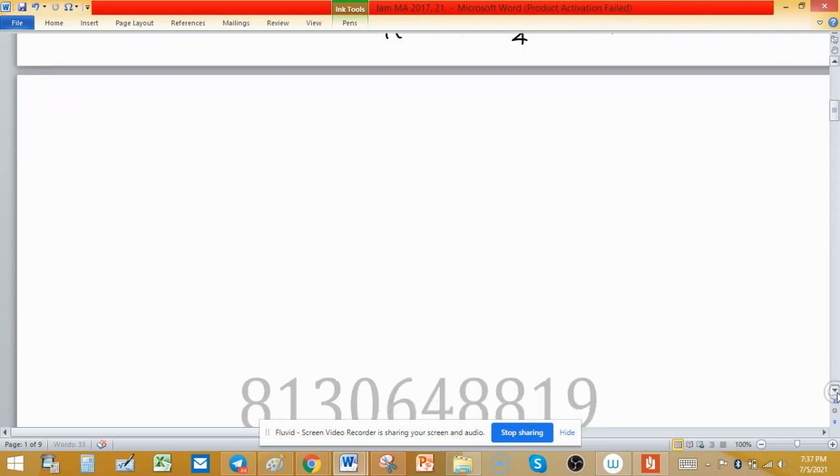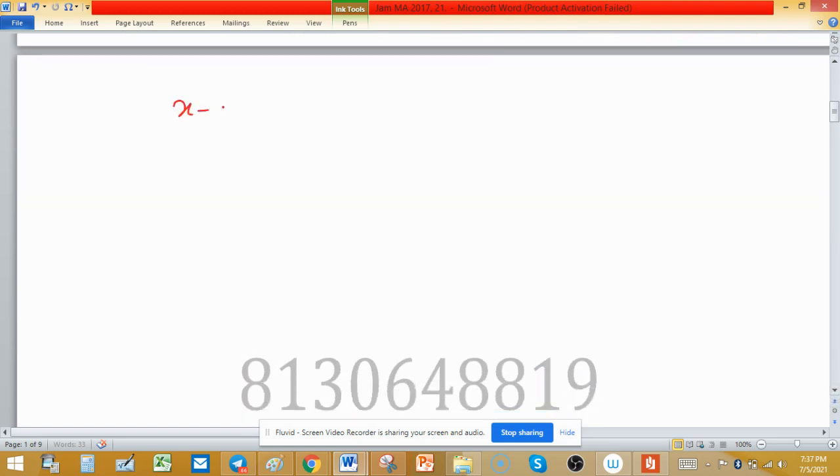It means that mod of x minus 3 is less than 3 by 4, and I can solve this as minus 3 by 4 is less than x minus 3, which is less than 3 by 4. So I can add 3 to this inequality.